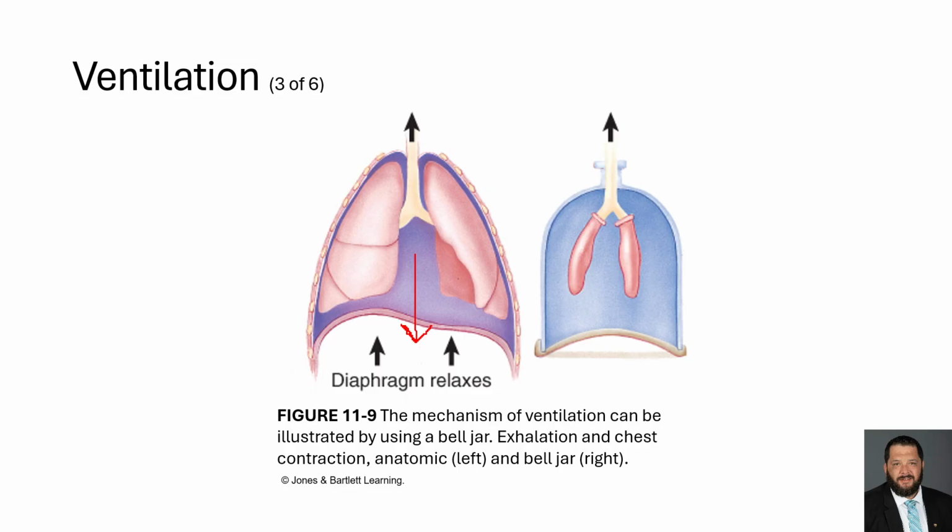This expansion of volume reduces the pressure and forces air to enter into the lungs. During exhalation, the diaphragm and intercostal muscles, or the muscles between the ribs, relax and restore to their normal shape. This causes a shrinkage of the volume of space within the thoracic cavity, increasing the pressure in the thoracic cavity, causing air to leave the lungs.